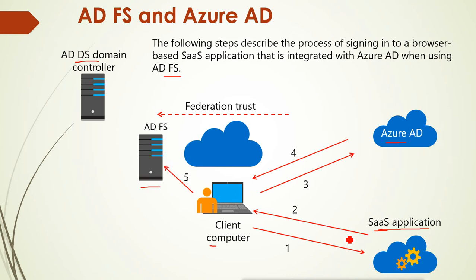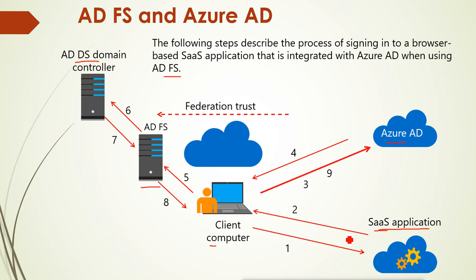Then the user sends the request to ADFS, which tries to authenticate from the domain controller, and if the user is authenticated, the domain controller sends the reply to ADFS, and ADFS sends the reply to the client that you are authenticated, giving it the ticket token.